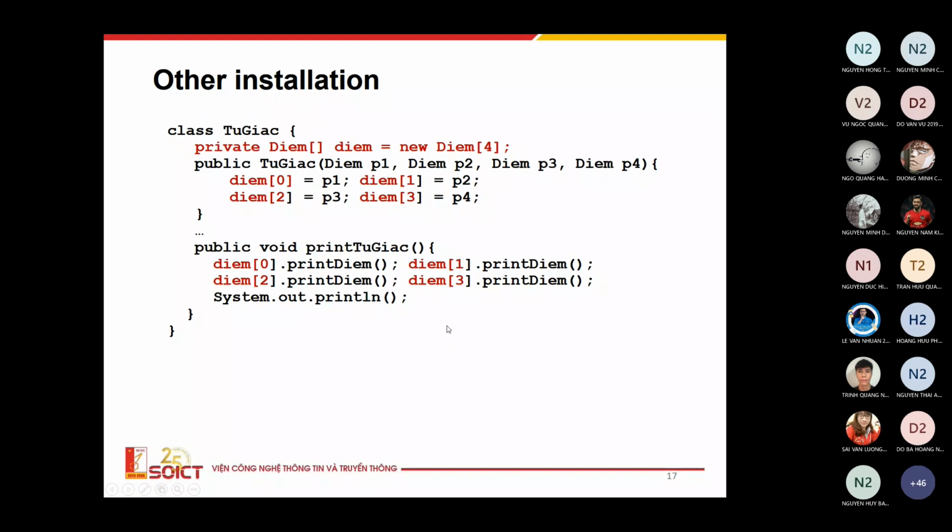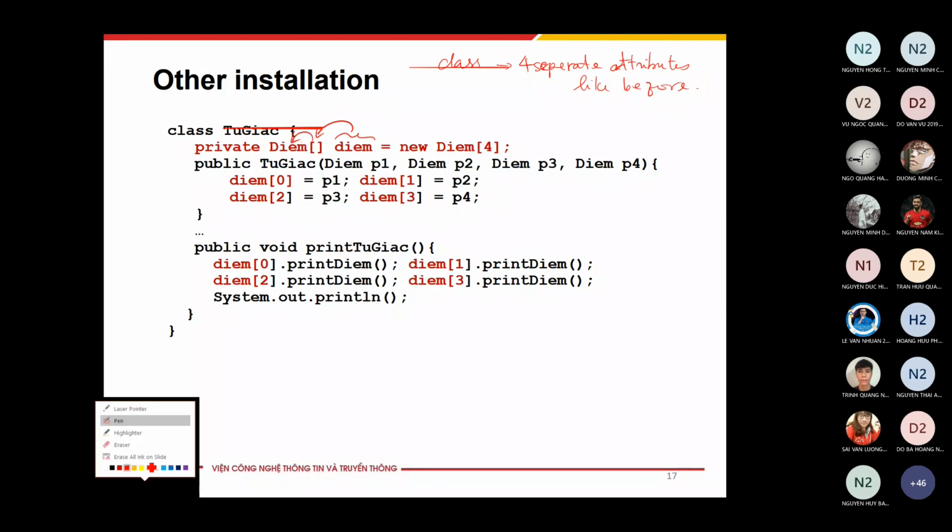And here you will have another implementation for this class. You can create the class with 4 separate attributes like before, or you can create one attribute only, which is an array of them.